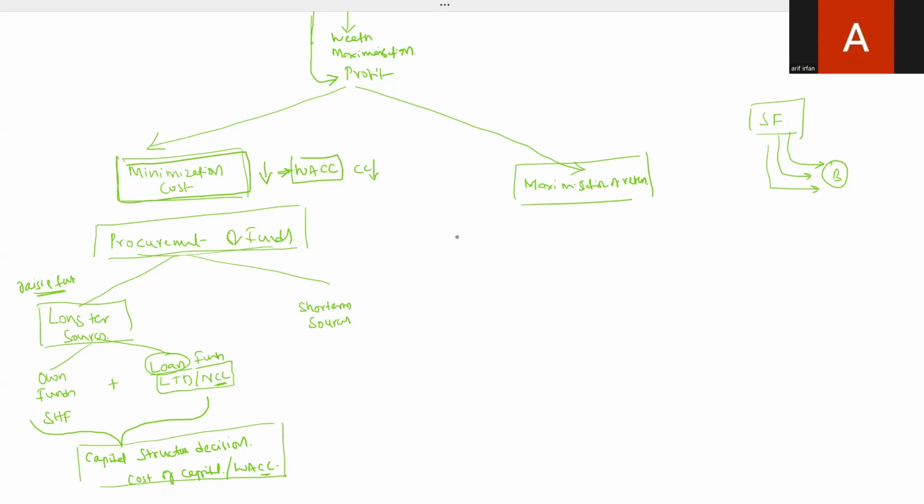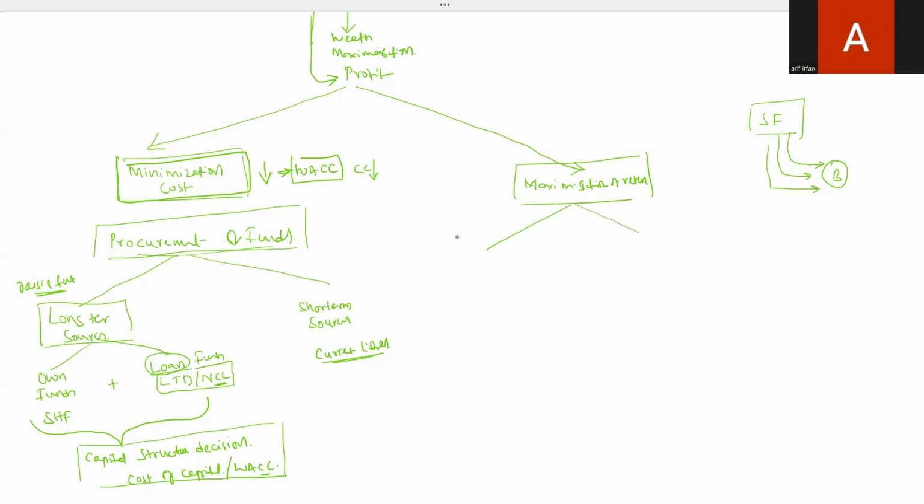That is the current liabilities, right? I'll come back to these current liabilities.